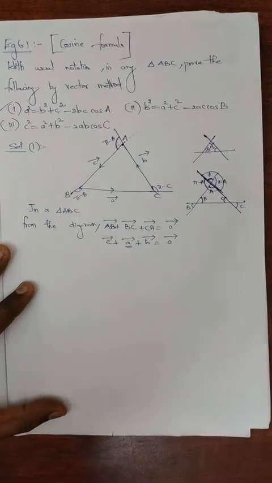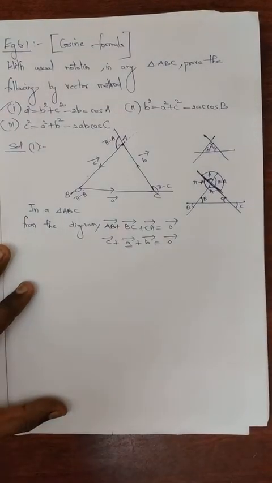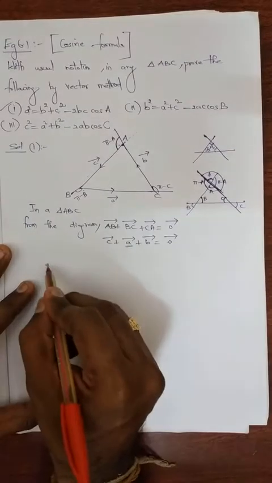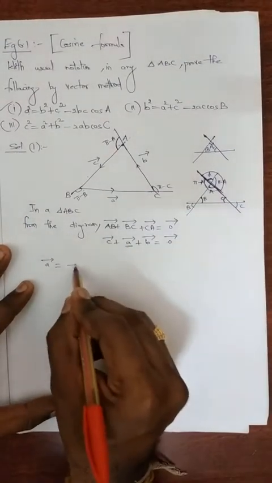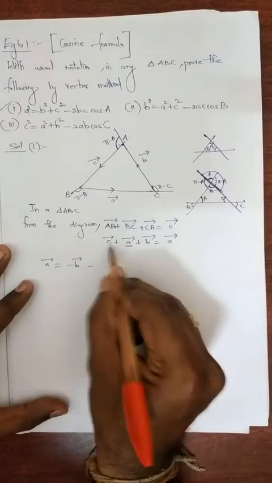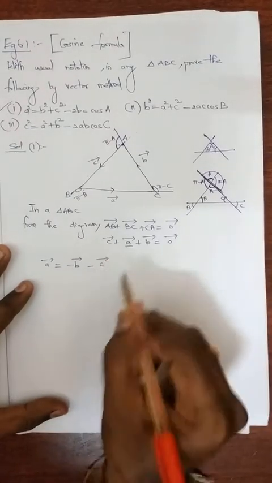I am going to move B vector and C vector to the right hand side. So keep A vector on the left hand side. This B vector moves to this side and becomes minus B vector, and C vector moves to this side and becomes minus C vector.